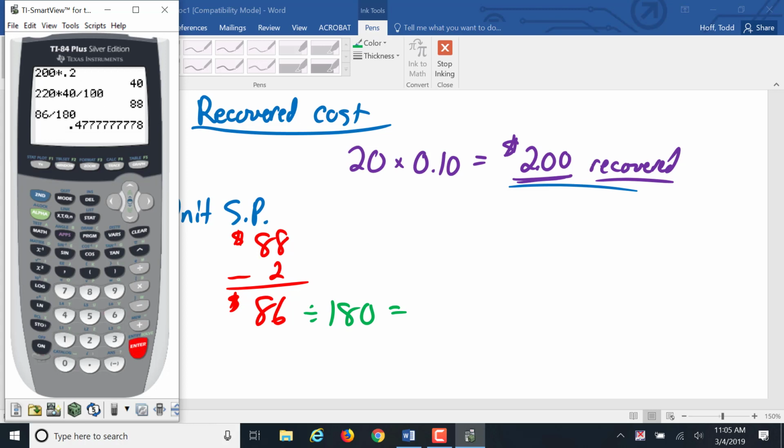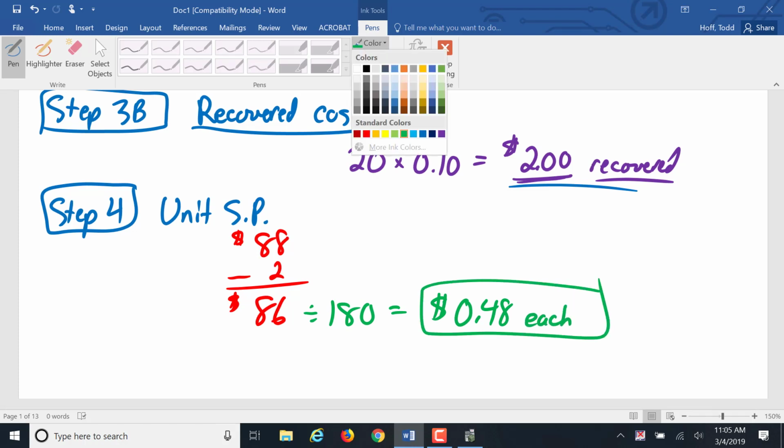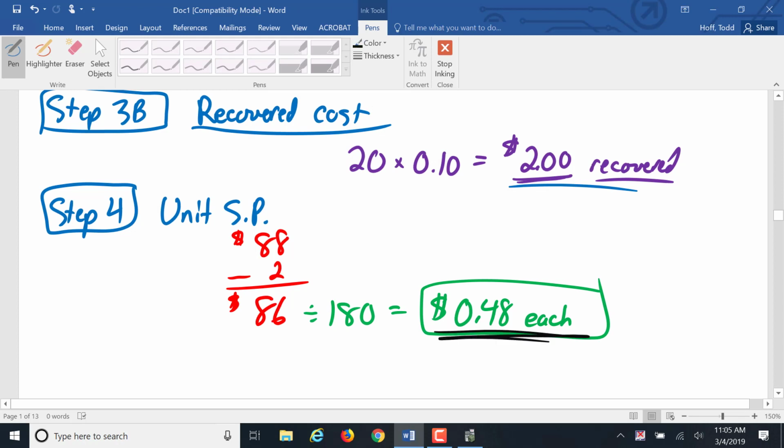So 0.477, that's going to be 48 cents per donut. So if we charge 48 cents each, it'll recover the cost of those unsold, accounting for that $2 that we recover by selling those spoiled or damaged donuts. So that is a perishable product with some sort of a liquidated cost recovery.